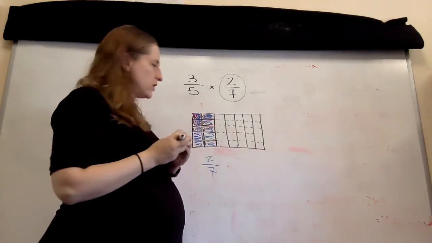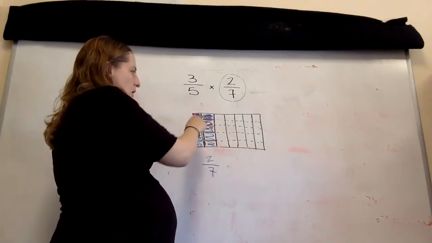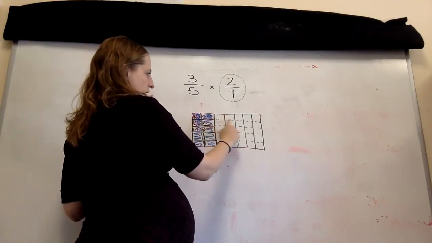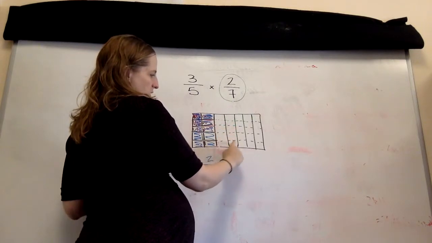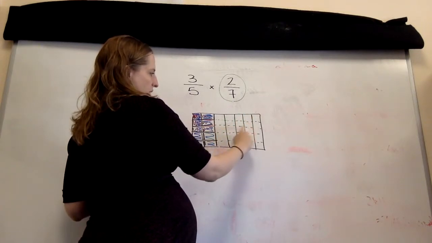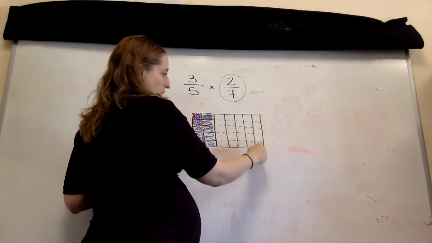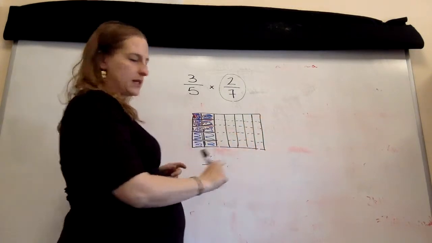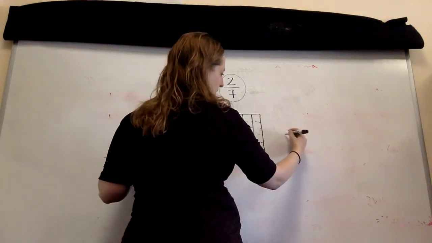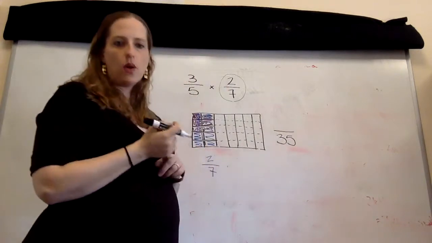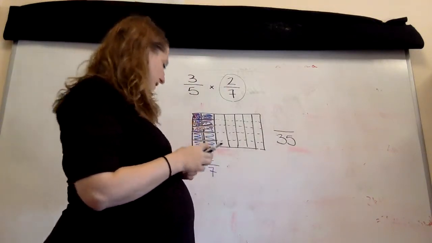When I do that, I've split my whole into 1, 2, 3, and so on up to 35 equal pieces. My whole is split into 35 equal pieces.